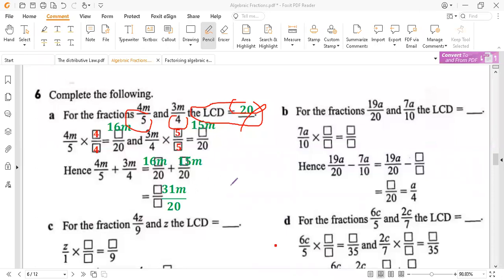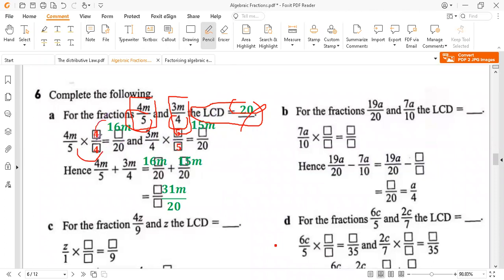So normally we will complete. We search for the lowest common denominator for 5 and 4 to obtain 20. We search for the equivalent of each fraction that we have here with a denominator equal to this LCD that we found before.